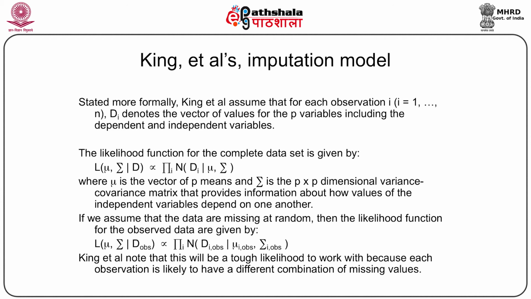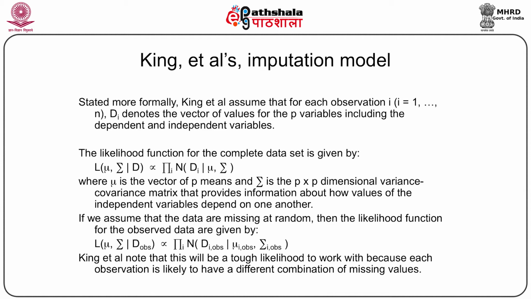Now, there is a specific model we'll talk about, called King et al.'s imputation model. To implement multiple imputation, we need a statistical model that we can use to sample missing values. There is a program called Amelia, developed by King, and it is our most extensive R alternative.